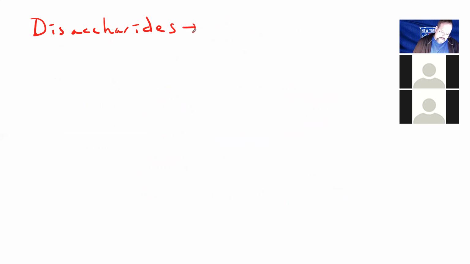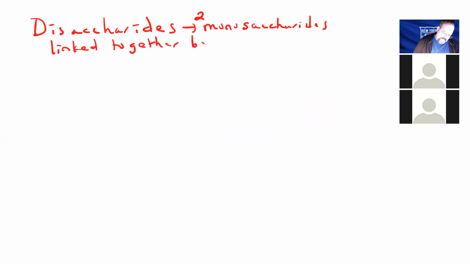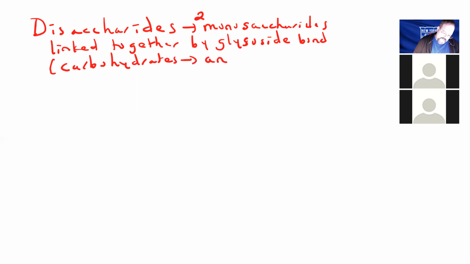Essentially, what you have in your disaccharides are 2 monosaccharides linked together by what is known as a glycoside bond, which for carbohydrates is essentially an ether group.